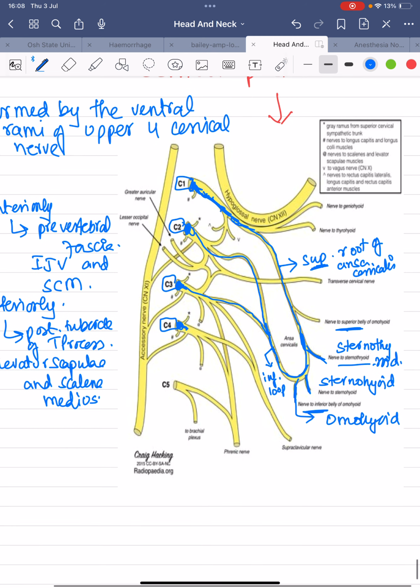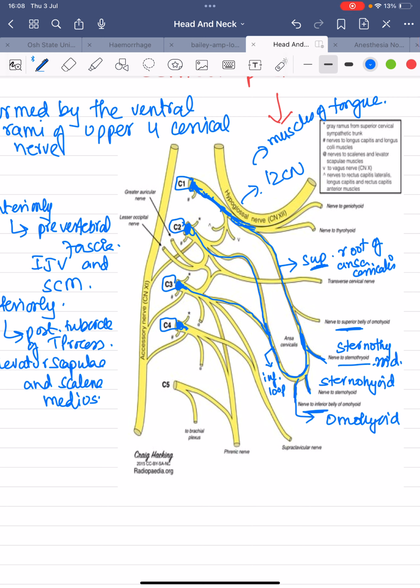Now, please remember, the C1 fibers are also joining with the hypoglossal nerve. The hypoglossal nerve is your 12th cranial nerve, which innervates the muscles of the tongue. So the muscles of the tongue are innervated by what? By your 12th cranial nerve, the hypoglossal nerve.